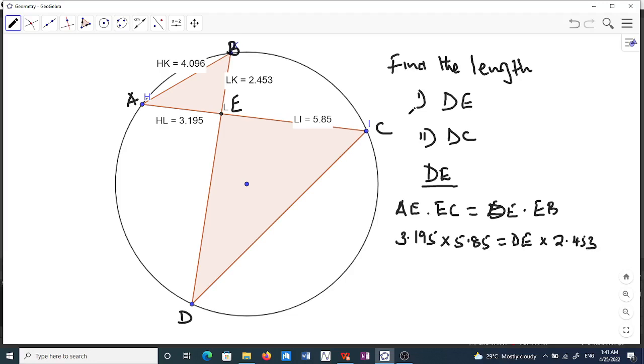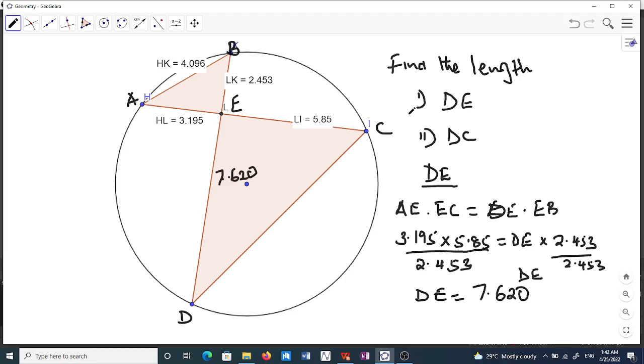We want DE, so we have to divide both sides by 2.453. So what is the answer? DE is then equal to 7.620. You see how easy it is when you have that relationship.